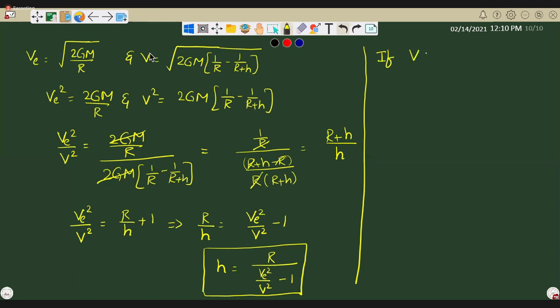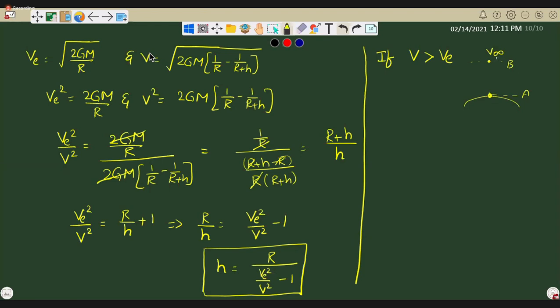if your projected velocity is greater than escape velocity, I am taking my body here, let this be A, and I am projecting this body. Since it is greater than escape velocity, after B also it will travel with some velocity, right? Yes, sir. Yes or no? So this is the velocity with which it will go to infinity.